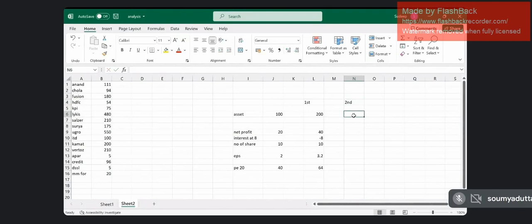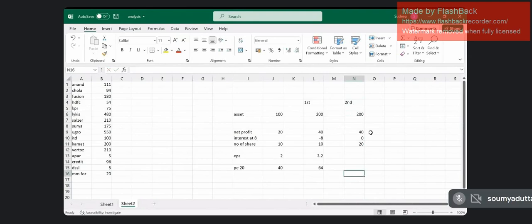through issuing more equity. So what happens here? Again, it is 200. Net profit is again 40. No interest, 0. But the number of shares doubles, so the number of shares is 20. That means 50% equity diluted.